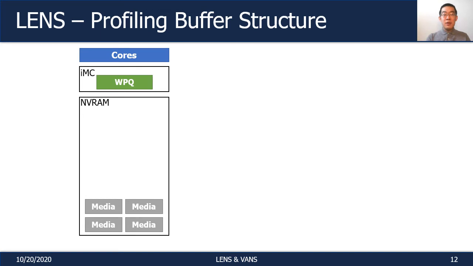Here is an overview of non-volatile memory system architecture. There are CPU cores and an integrated memory controller. According to Intel's public documentation, there is a write pending queue inside the integrated memory controller, although we do not know its size. And there are non-volatile memory media on the DIMM. That's all we know from publicly available information.